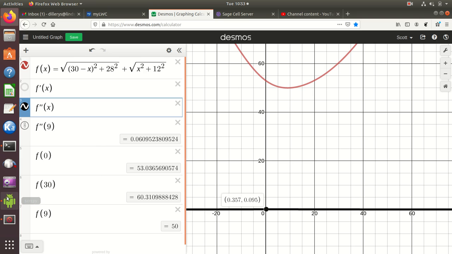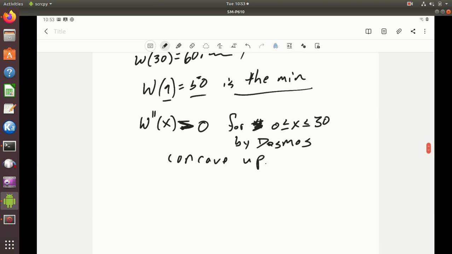Oh, I didn't come back here when I finished writing here. So I said W double prime of x is greater than 0 for x between 0 and 30, and that was by Desmos.